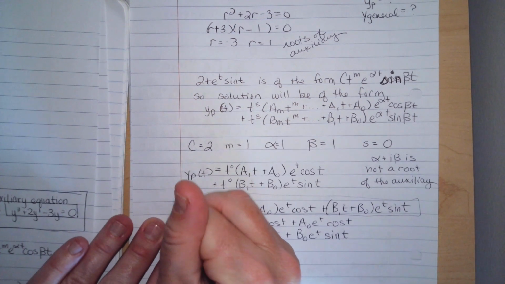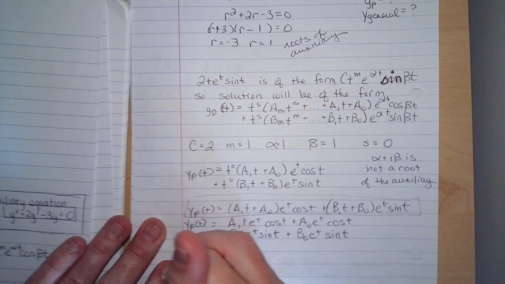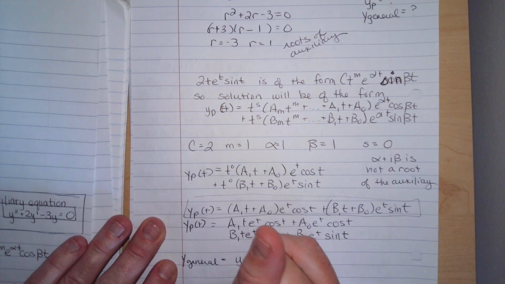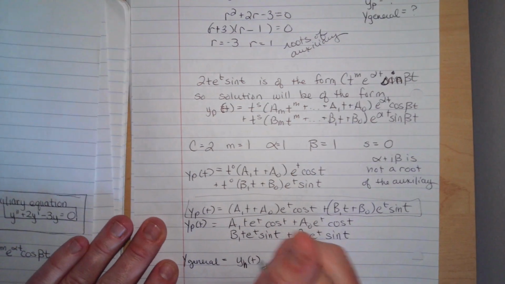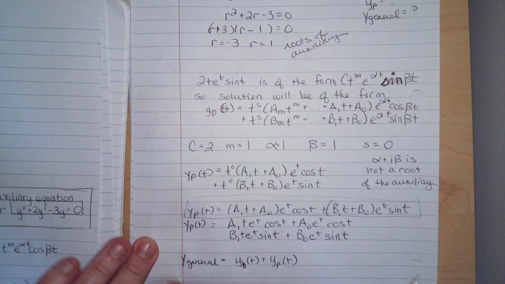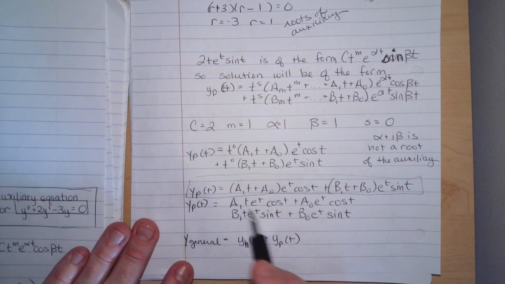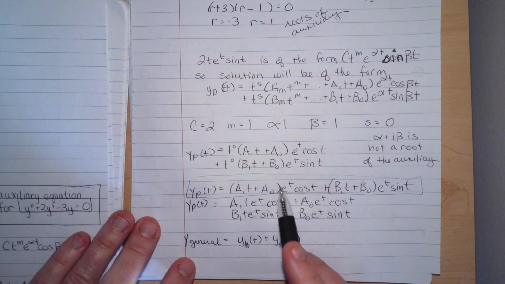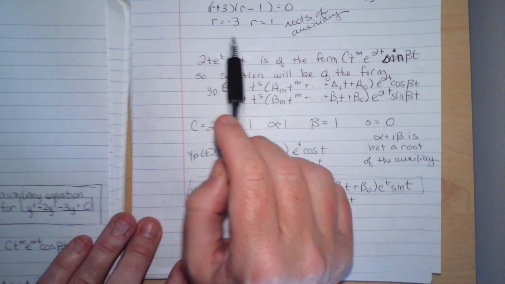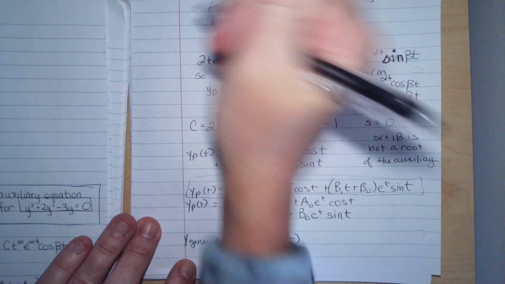So that's our y p. And our y general, if we remember, is going to be our y h of t plus our y p of t. So we're going to add all of this stuff. I might actually use the reduced form because I'm like that. What is the solution up here?